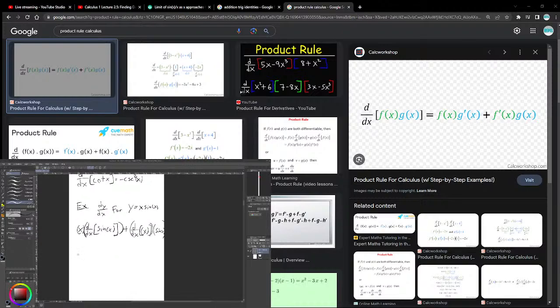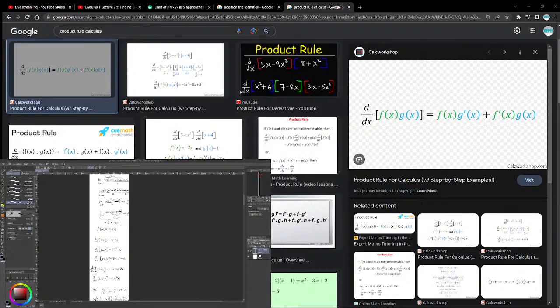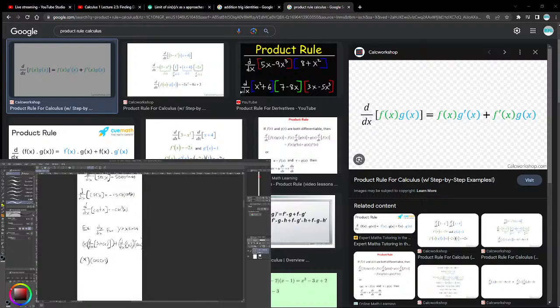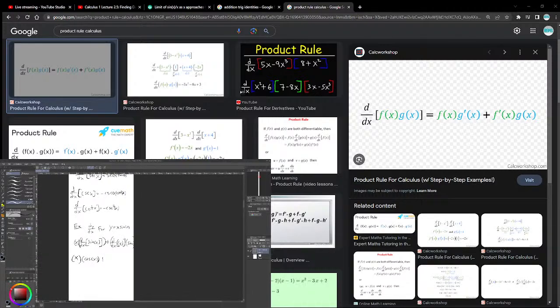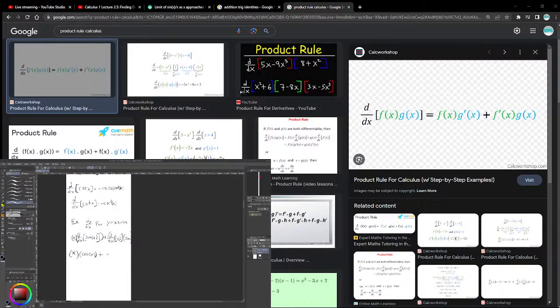Okay, so we got x times the derivative of sine x, which is cos x, plus the derivative of x. This would just be x, wouldn't it?